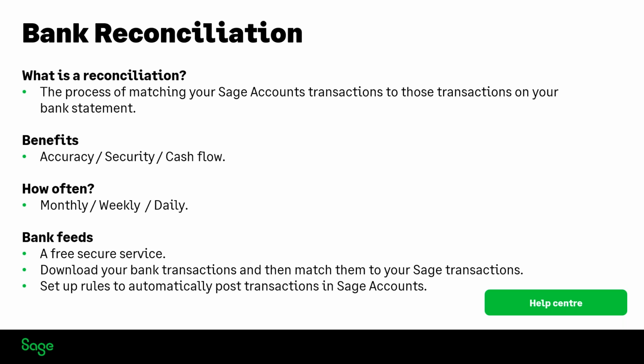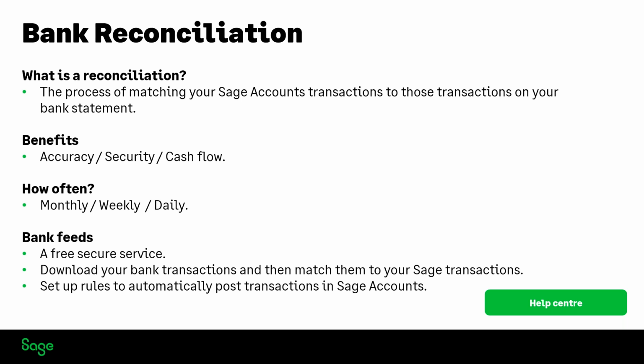You might even just leave it to your accountant. Now, there is the bank feeds option, which we touched on just a little bit there, and as I mentioned, Abby's going to take you through that this afternoon. It's a free, secure service. If your bank is supported, it enables you to download your transactions into the bank feeds area, and then compare those downloaded transactions to what's been entered in Sage.